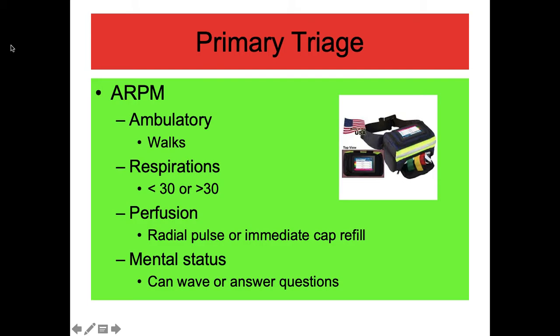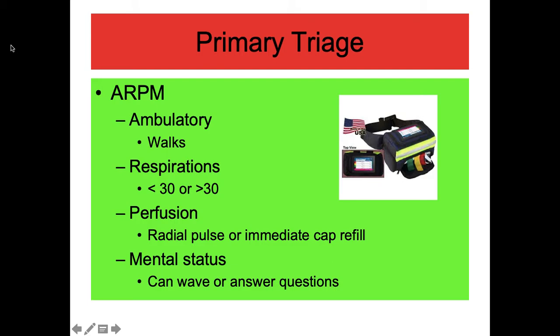If they have a radial pulse and they're not bleeding profusely to the point where you need a tourniquet, then we have to go into the third category, the mental status. If they follow commands and they can answer questions, so if their breathing is less than 30, they have a strong radial pulse, and their mental status is okay, they would become a yellow category patient.